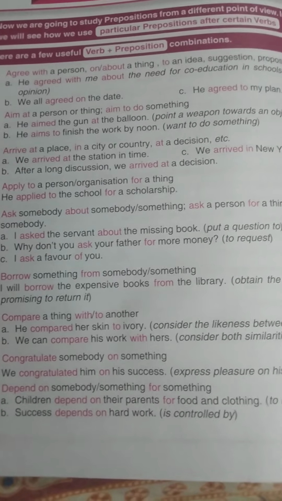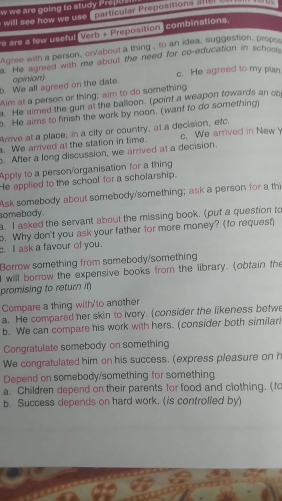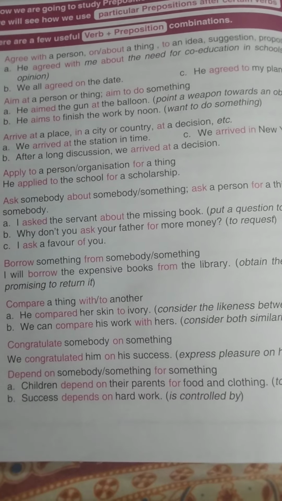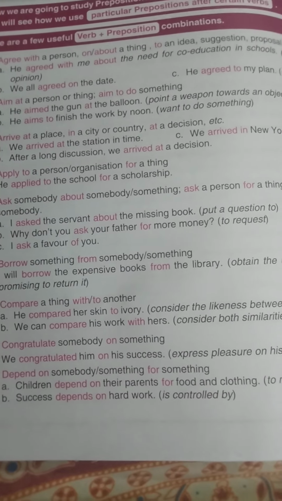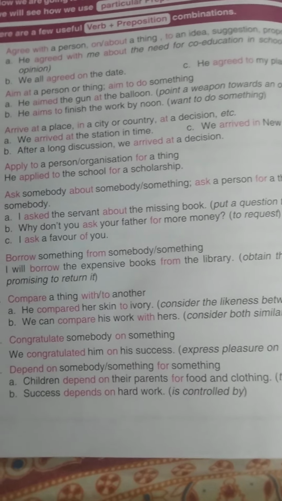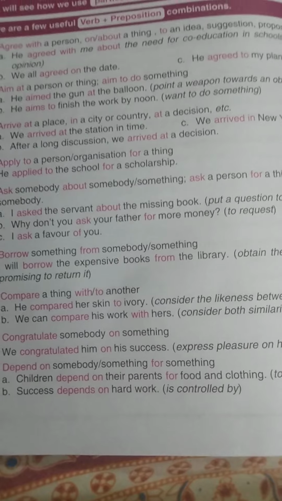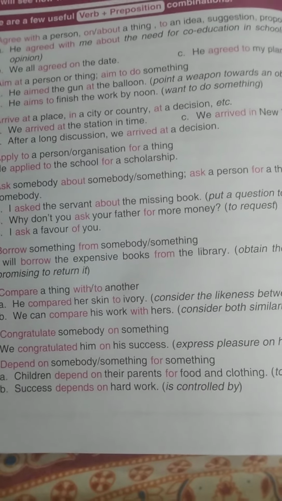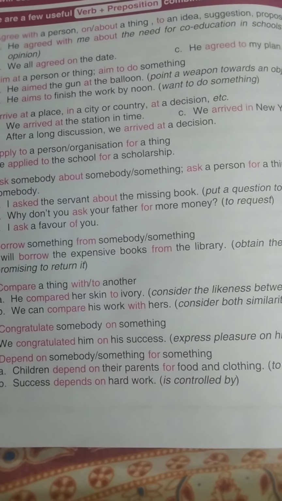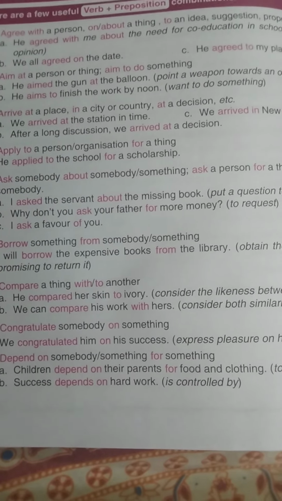Second one is aim. The preposition at or to will be used with that. Where to use what? Let us see. He aimed the gun at the balloon, when we are talking about a thing. He aimed to finish the work by noon. That is an action. Number 3, arrive.